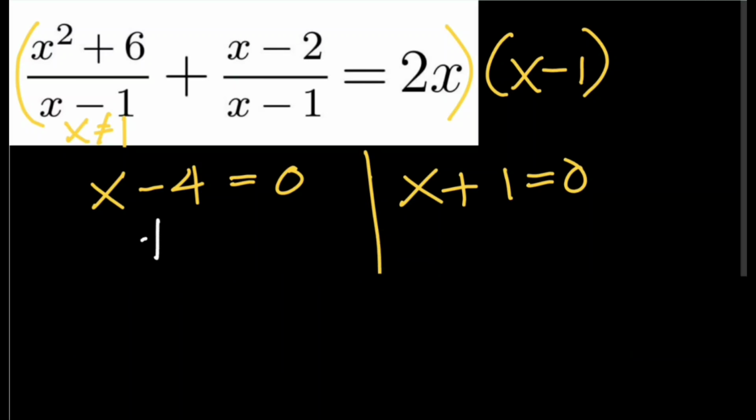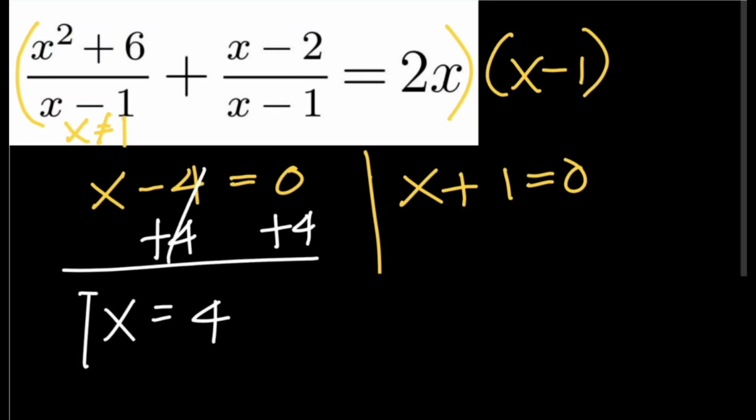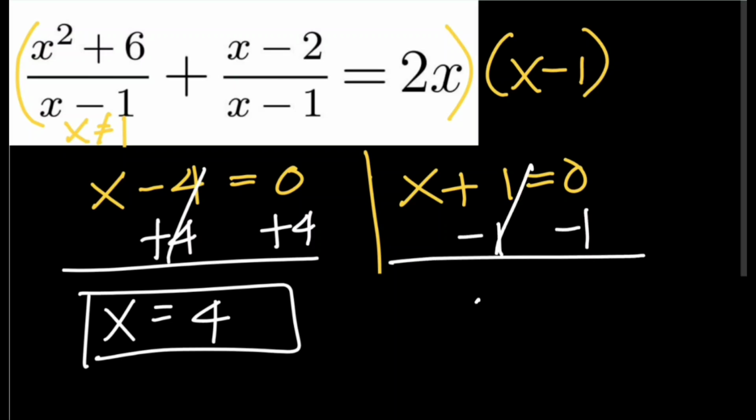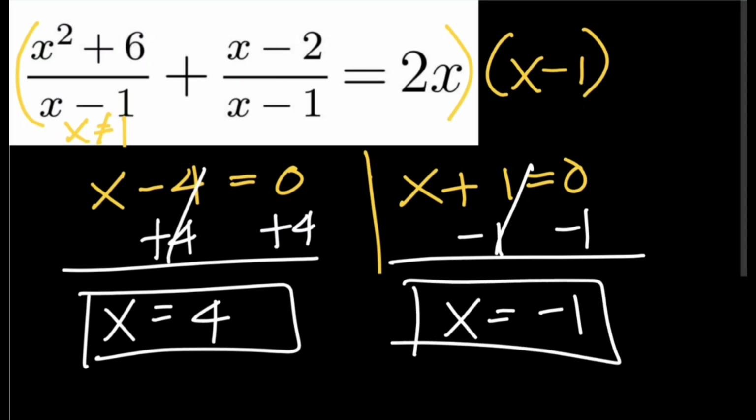So we add 4 to both sides, this cancels out, so x here is equal to 4. Then here we subtract 1 from both sides, so x is equal to negative 1. Therefore, the values of x here are 4 and negative 1.